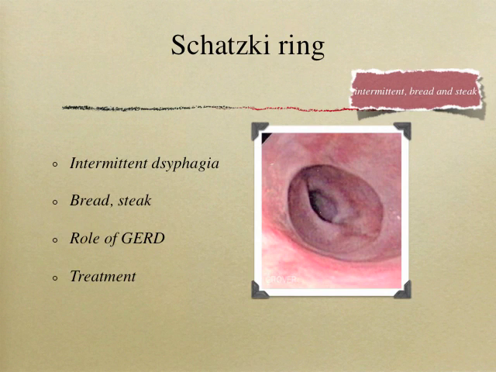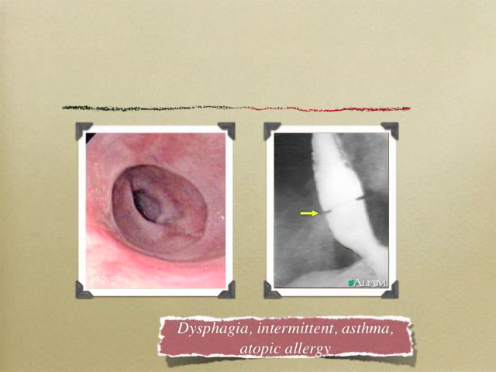That could be the other presentation. And sure enough, you will see the Schatzki's ring, and you might see a radiology image of a ring, as shown in the image on the right side, with a nice ring there. There are people who would suggest that Schatzki's ring may be related to chronic GERD and not actually congenital. That's a little bit controversial.